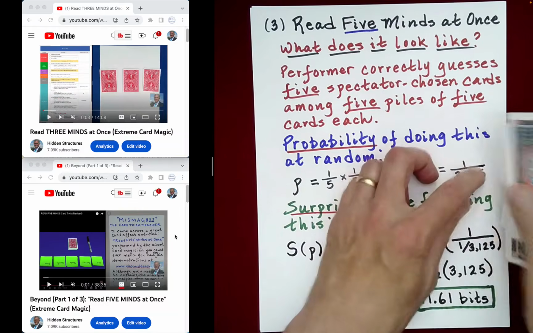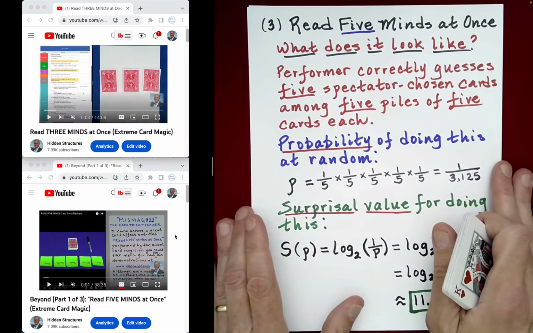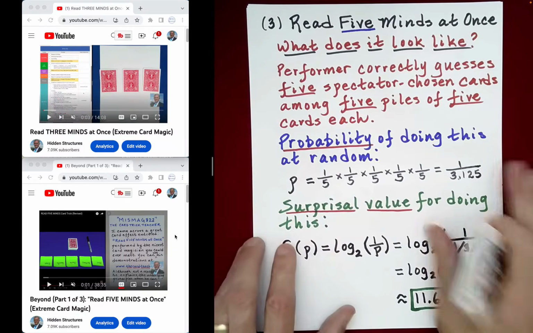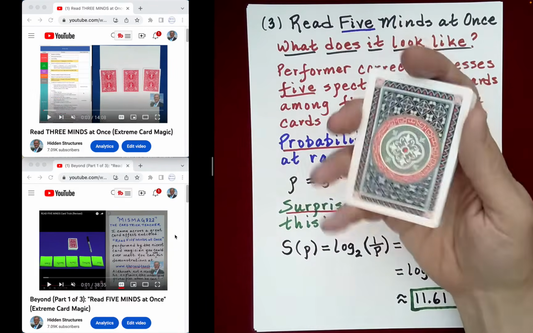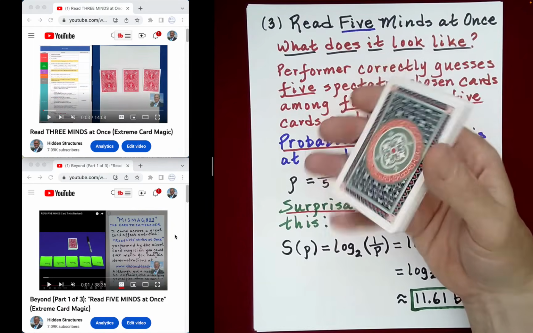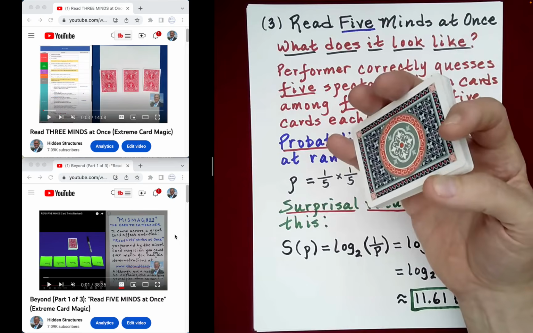And then, as done in the original performance, and my explanation and exploration of this principle, this packet now is just randomly mixed. It's mixed thoroughly, at least in the minds of the spectator. Okay, and that's the key.